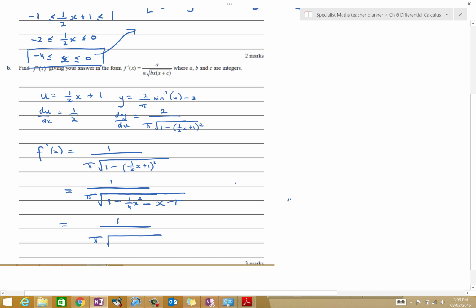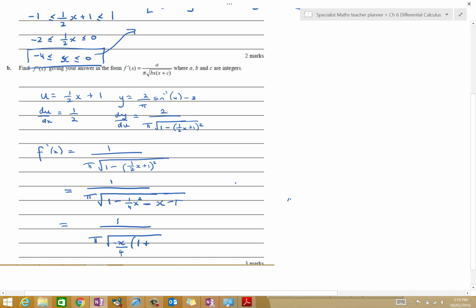Now, I can take out negative x as a common factor. And therefore, we can say that that is 1 plus... and I might take out a quarter as a common factor as well.